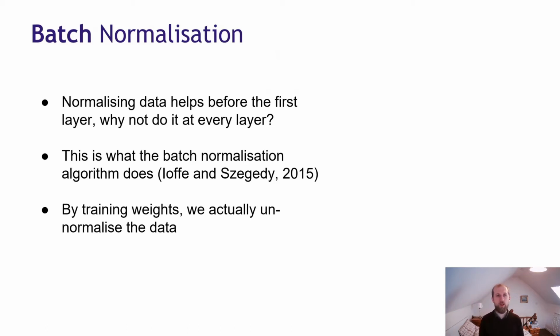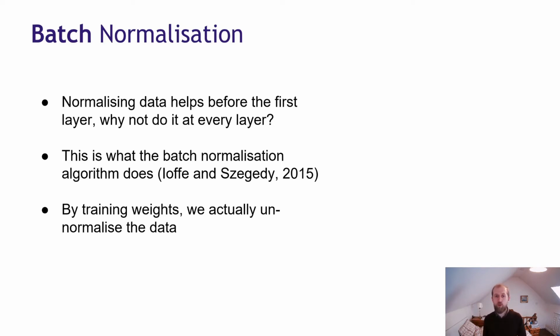So what is batch normalization? The idea here is that when we train weights through the backpropagation algorithm, even if we've normalized the initial training data, by the time we get to the hidden layers, that data has become unnormalized because it's been multiplied by all of these different weights.